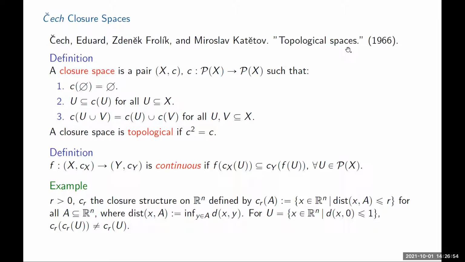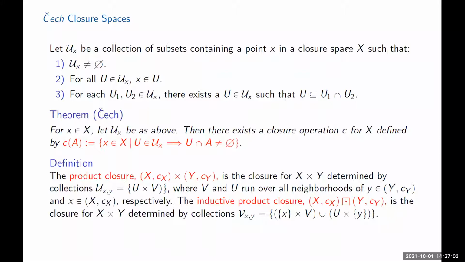So this is how you should think about these things. They're kind of expansive. They allow you to model proximity relations. There's a nice way to define new closure structures from old closure structures, and it involves something similar to the definition of neighborhoods in topological spaces. So remember, I have these three axioms or three conditions here for a collection of subsets containing a point in your space.